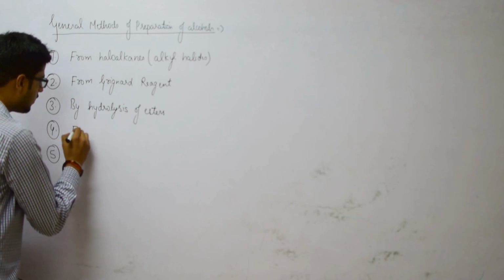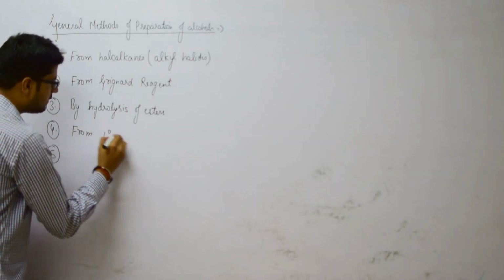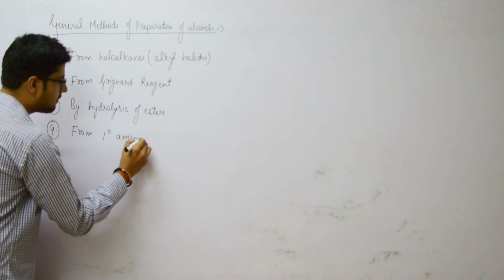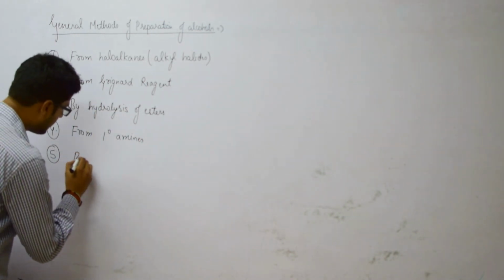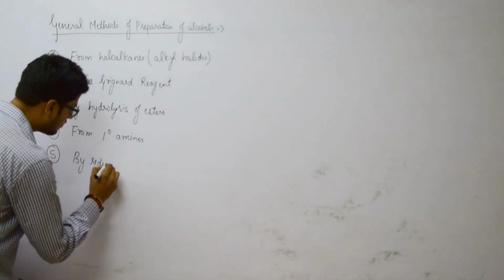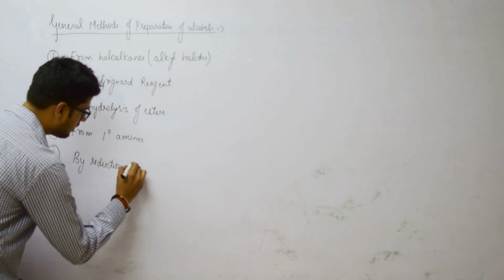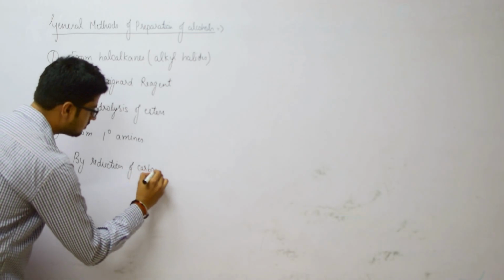Fourth is from primary amines. How can we prepare alcohols from primary amines? And the last one is by reduction of carbonyl compounds.